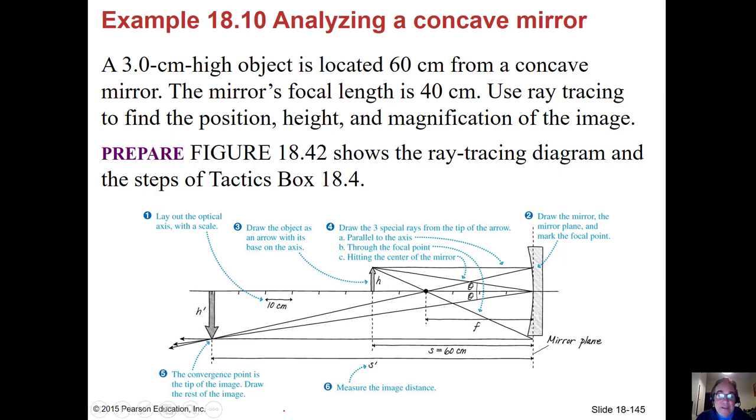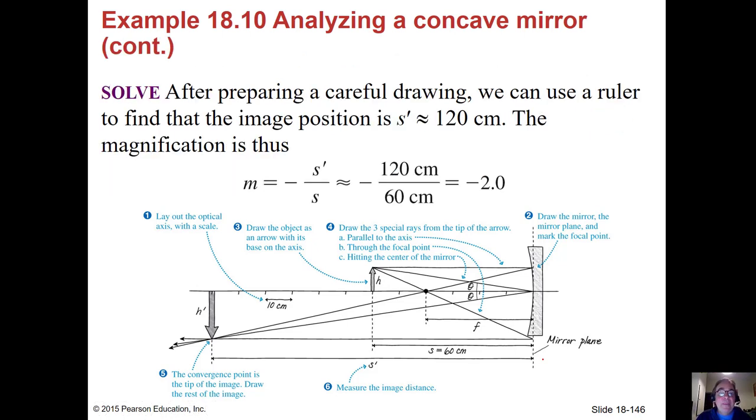And if you measure this carefully, you could measure what S prime actually is. So S prime is this distance. Okay? It's a real image, so S prime is positive. Okay, very nice. We can get the magnification, same formula, minus S prime over S. So again, the image is real, so S prime by convention is positive.